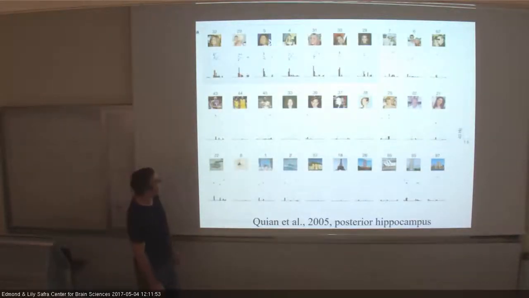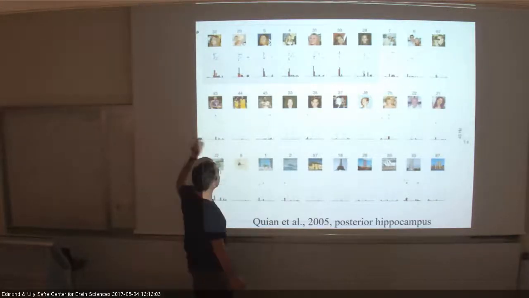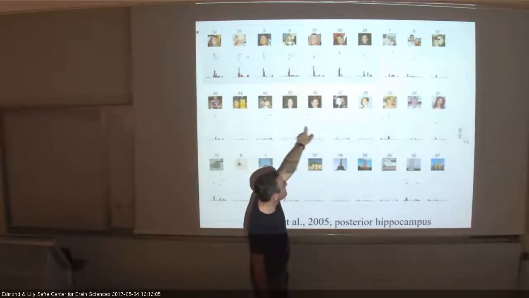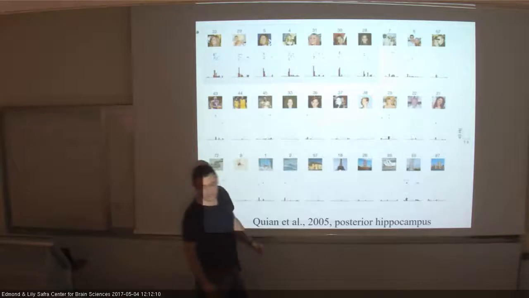And the nice thing is that this neuron fired in response to Jennifer Aniston, presented in various ways. It did not fire in response to other ladies. Okay? This is all the same patient.